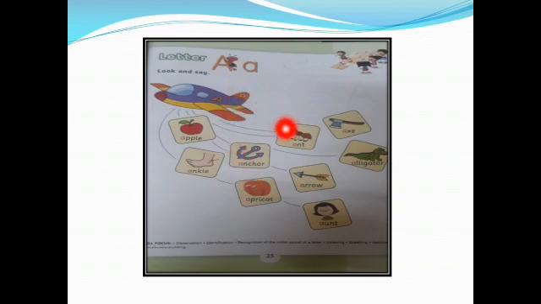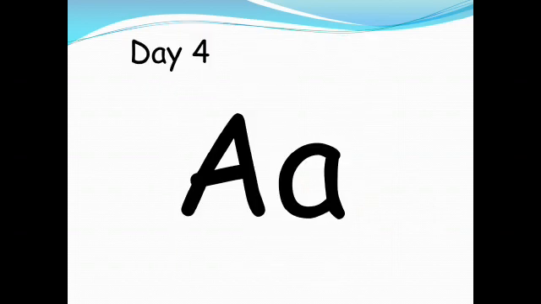A. Ant. A. Arrow. A. Axe. A. Alligator. And A for aunt. So, dear parents, on page 25 from English workbook, that is Literacy Skills Workbook, please make the child to read the following.